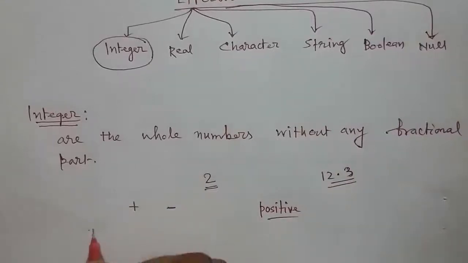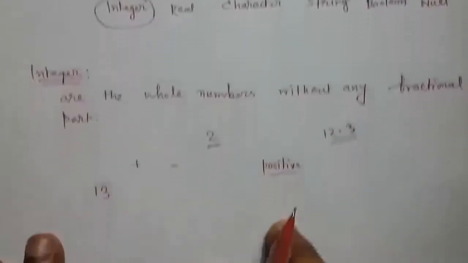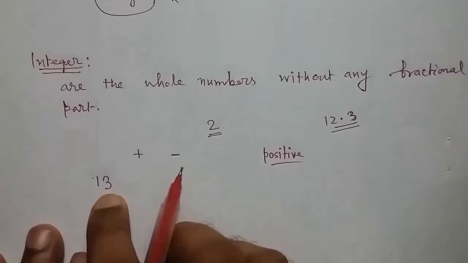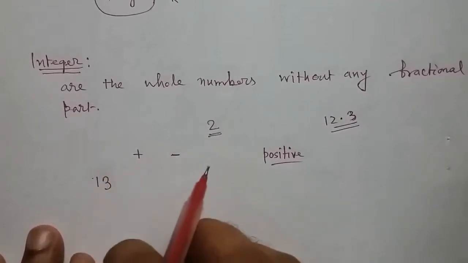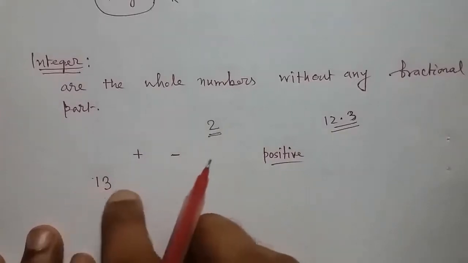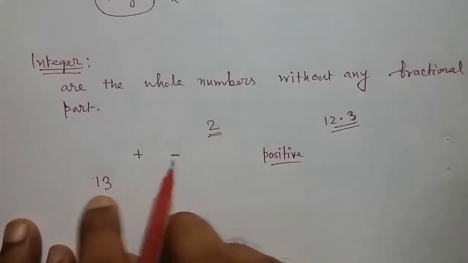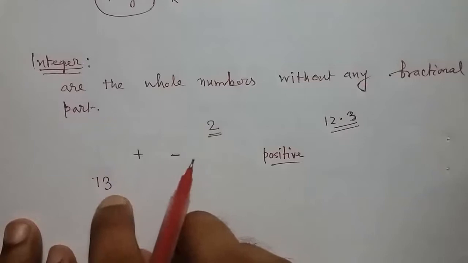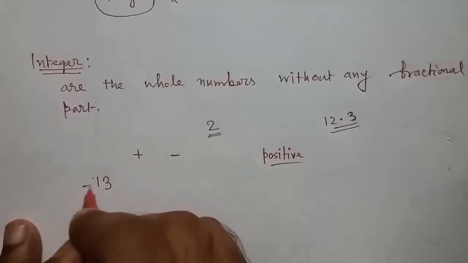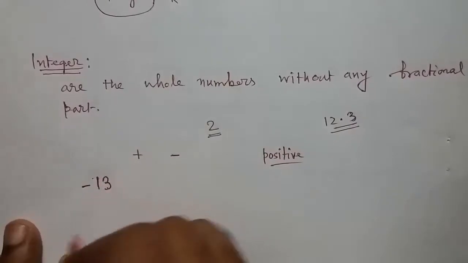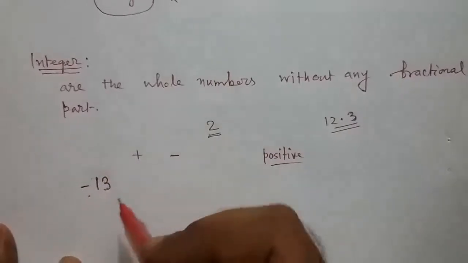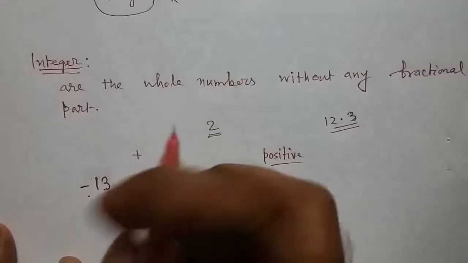If I write 13, so 13 is a positive number or a negative number? 13 is a positive number because there is no sign that precedes this number. But if I write a minus 13, then we will say that 13 is a negative number and we will say minus 13. Is that clear?